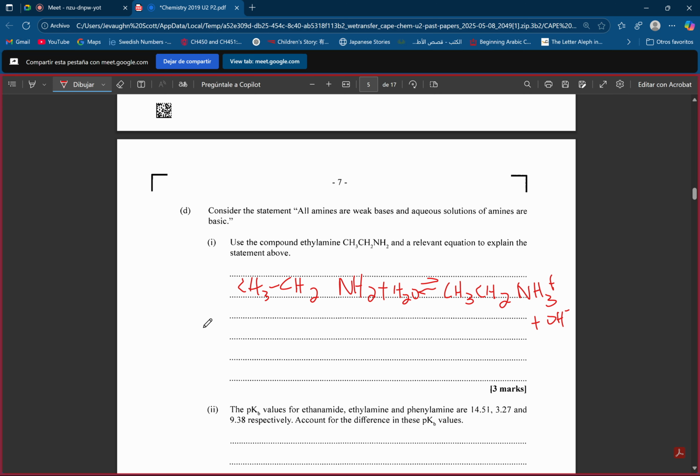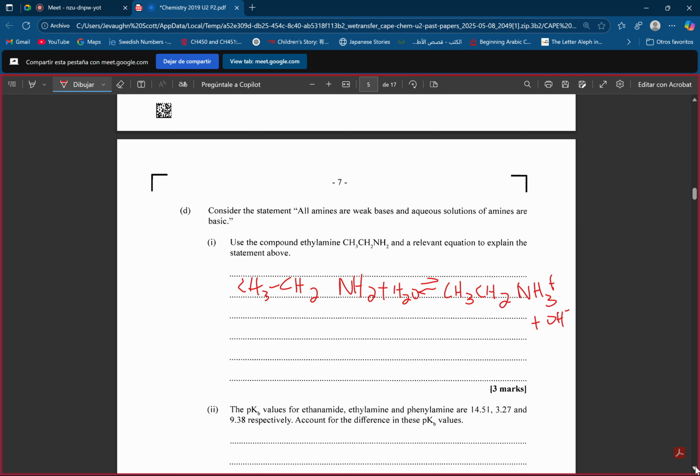Yeah, but that really explains that there, right? So you can use just the proton acceptance in order to form hydroxide ions.